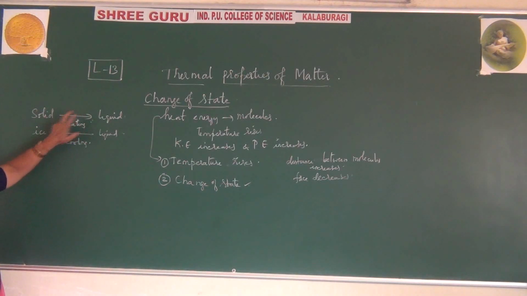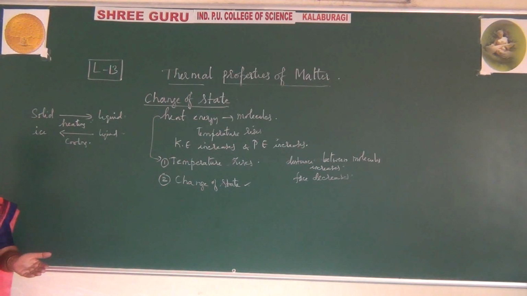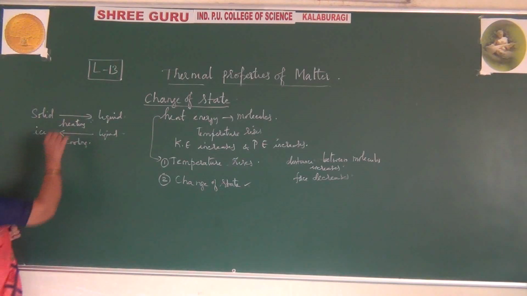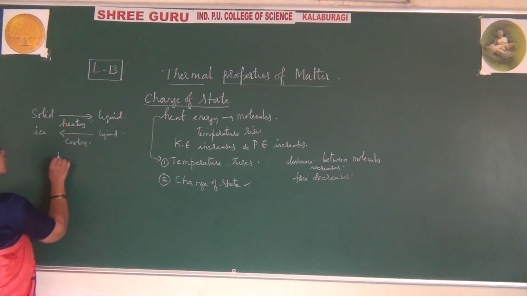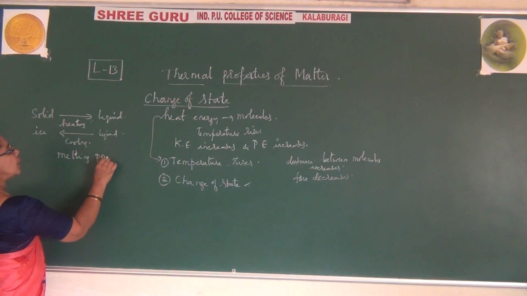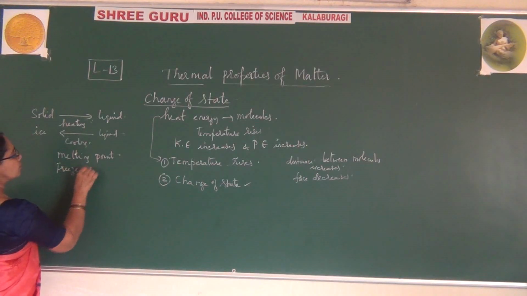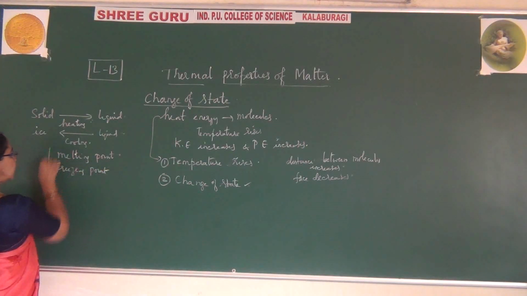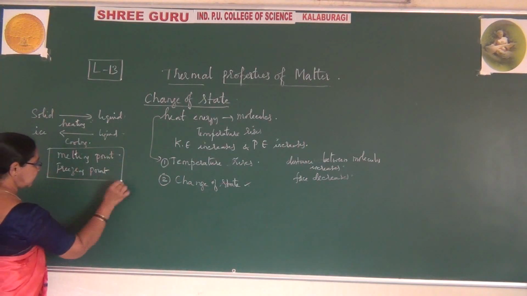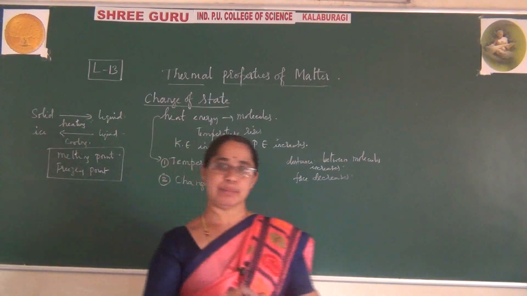So heating takes place by raising the temperature, and cooling means you are reversing the process, decreasing the temperature. At these positions, we come across two points. One is melting point, another is freezing point. These two concepts you learn under this.